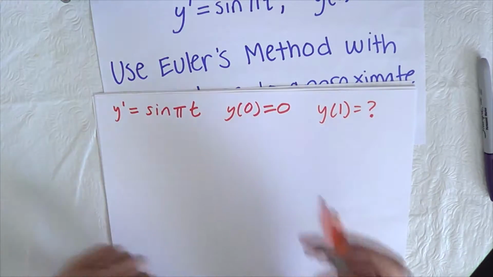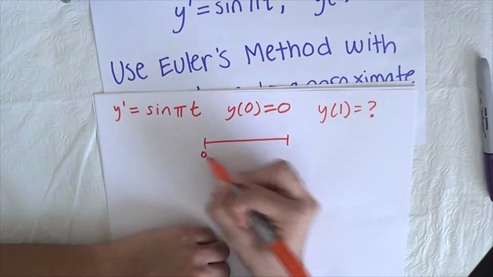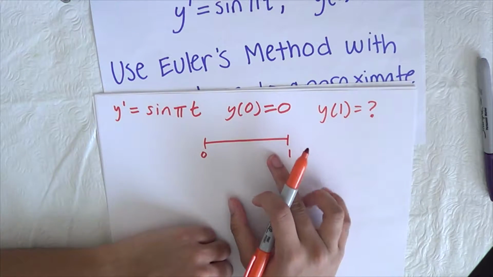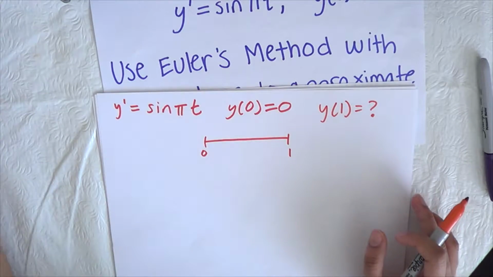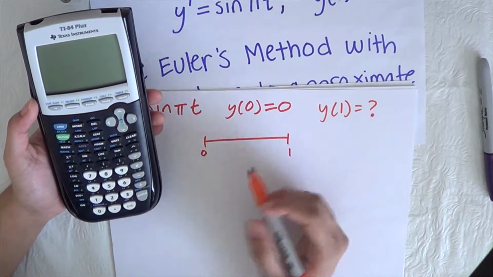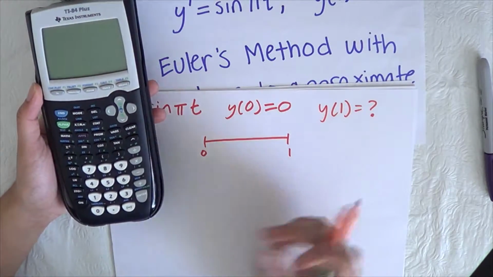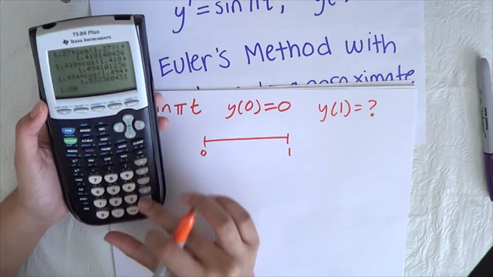Okay, so if we're going from 0 to 1, let's make a number line. If we need 5 steps to go to 1 from 0, we need to have an interval to do that. So how do we find 5 equal intervals from 0 to 1? You just divide 1 by 5 and you get 0.2.